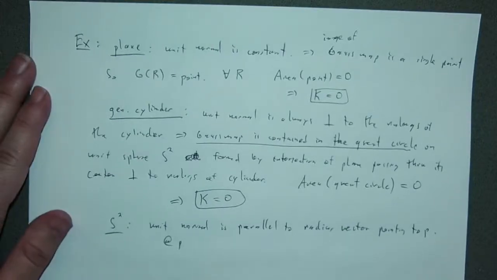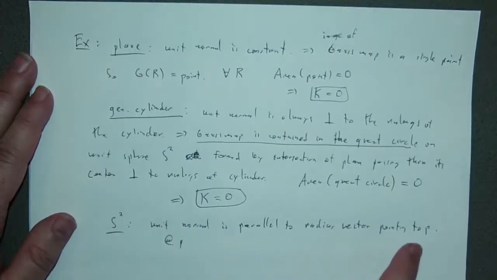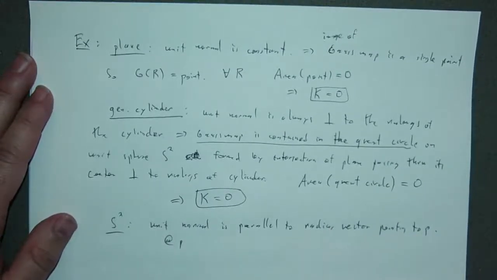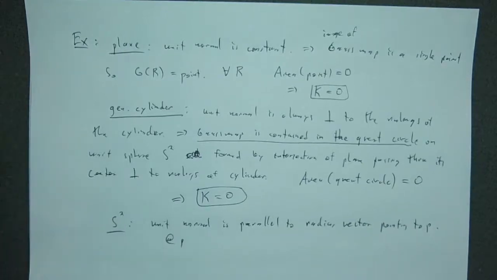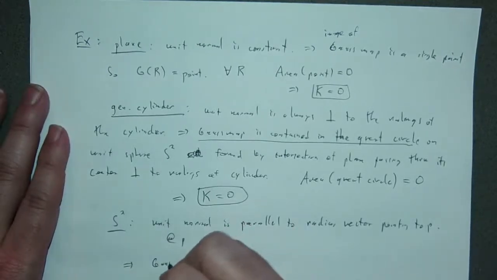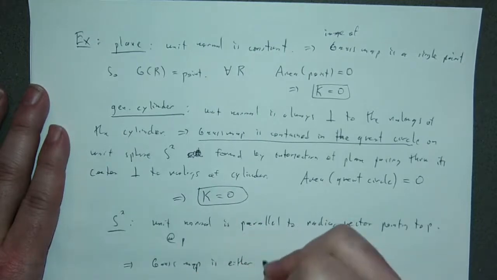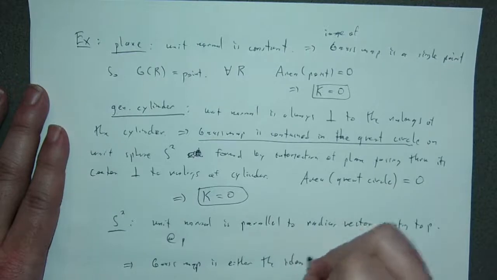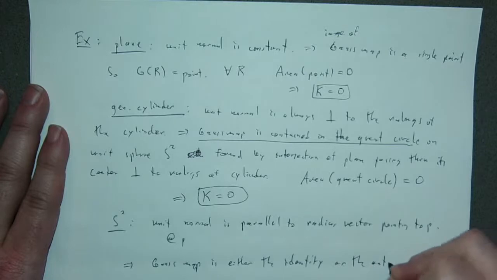It's either the identity, the unit vector that points directly toward P by the radius vector, or it's the antipodal map. It points in the opposite direction. This depends on orientation. So depending on orientation here, the Gauss map is either the identity or the antipodal map. Those are the two things you could say.